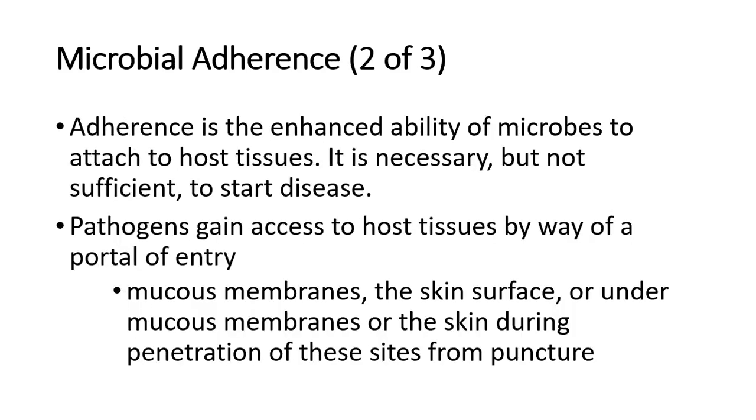All right, so first of all, this adherence is the ability of these guys to attach to your tissues. It's necessary. You have to be able to adhere somehow. And we're going to talk about this, but they gain access by a number of ways. Usually on the surface, if you have a cut, or particularly your mucous membranes, because you're breathing this stuff in, or something got penetrated, or something like that.